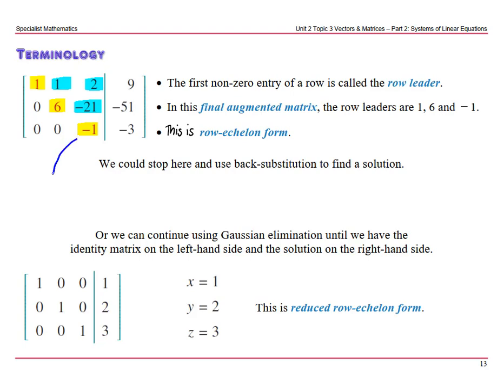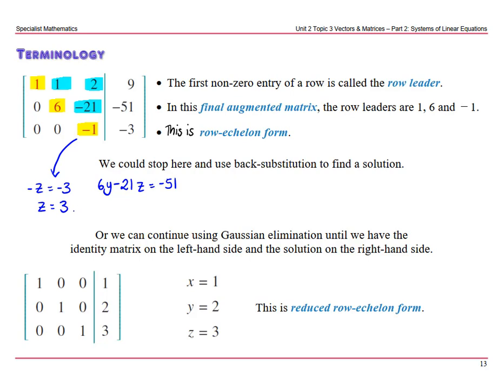Now, what I mean by that, if we look at our third row, we have negative z equals -3, so z equals 3. We then have with our second row that 6y minus 21z equals -51.